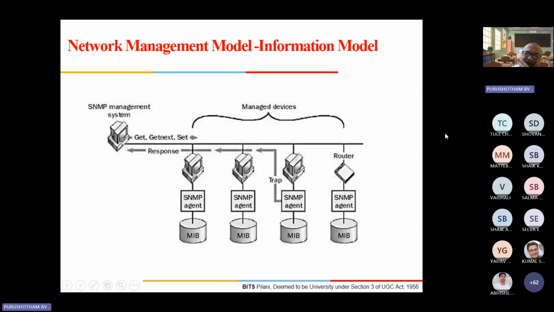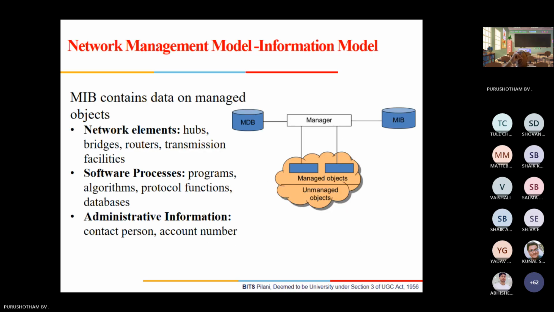There is something called the router. These are the network elements or the nodes. There is an agent attached to these devices, and each agent will have a MIB, that is, the management information base pertaining to that particular device. How do they communicate? We will see in the communication model. It is only a storage of data or information related to the devices.